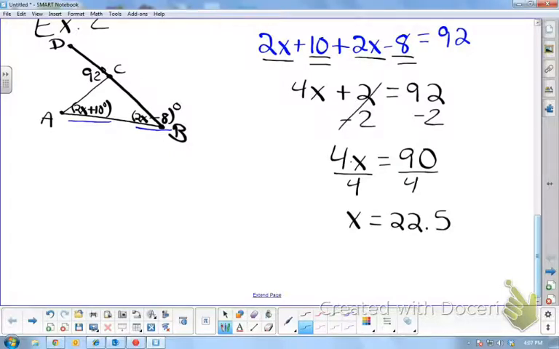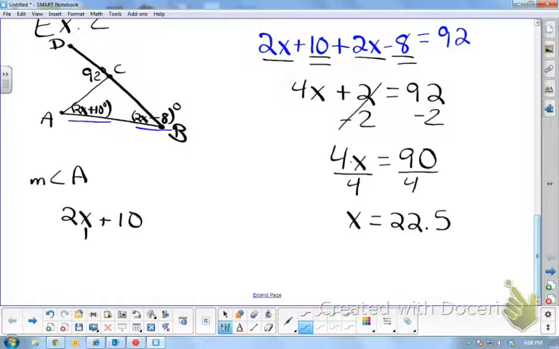Again, I don't say degrees because that was just us finding x. If I wanted to actually find the degree measure, I would have to plug that back into my equations. So if I, say, wanted to find the measure of angle A, we know the equation for angle A is 2x plus 10.